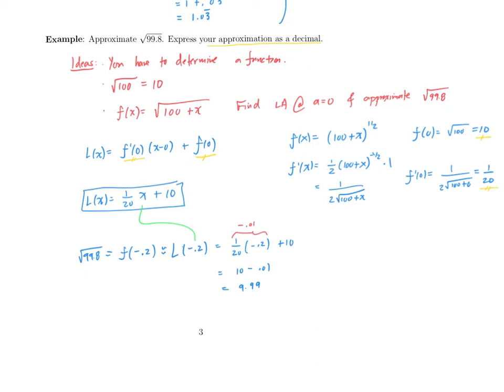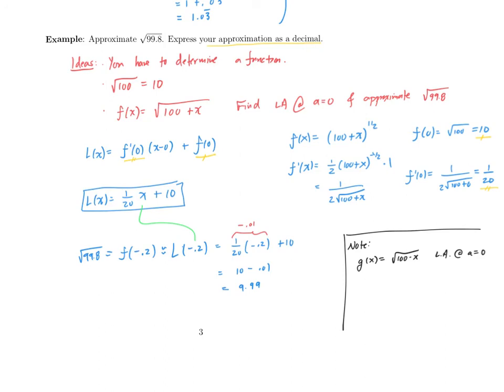And I do want to go back to our starting point for the problem where we had to come up with a function to use. Let me just note a few other functions you could have used. So instead, you could have let g of x be the square root of 100 minus x, and you would still find the linear approximation at a equals 0. The only difference being, instead of having to substitute in minus 0.2 to get to the 99.8, you would substitute in positive 0.2.